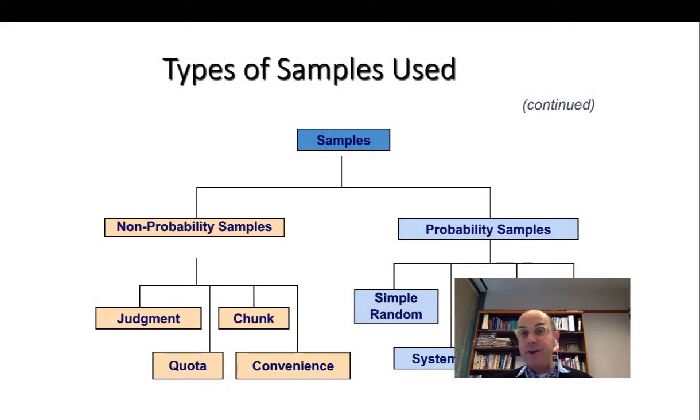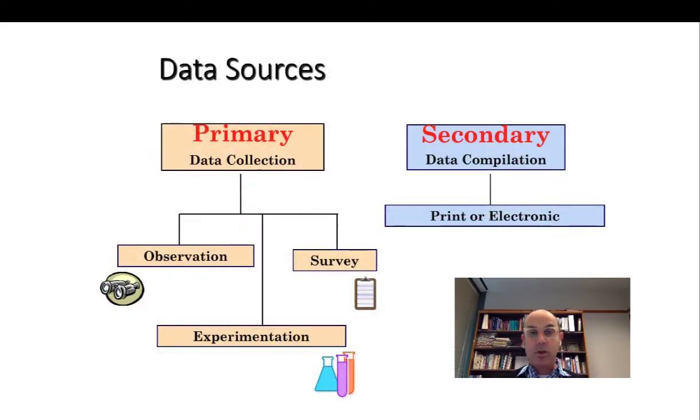So I laid out for you the types of samples used and what they entail. But we also need to remember that we have data that we collect. For example, we select or take a sample of a class. This is a data source. A data source is usually considered to have two types.